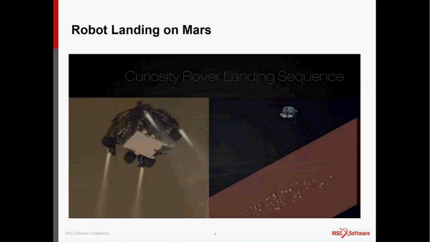In that specific use case, they could leverage Adams, co-simulating with control software they designed in MATLAB or other control algorithms, to evaluate whether or not they would work in the real physical scenario.